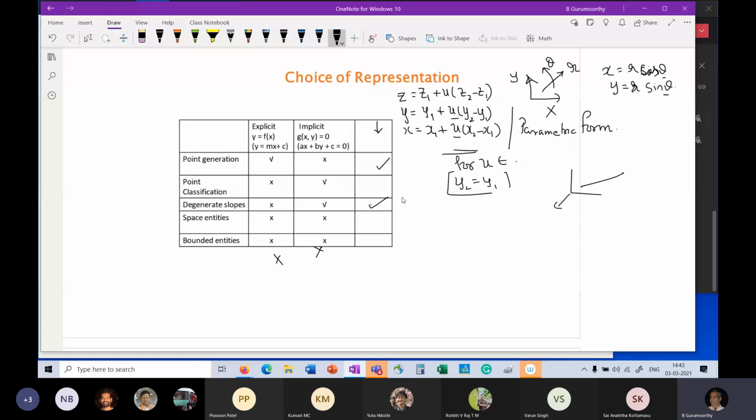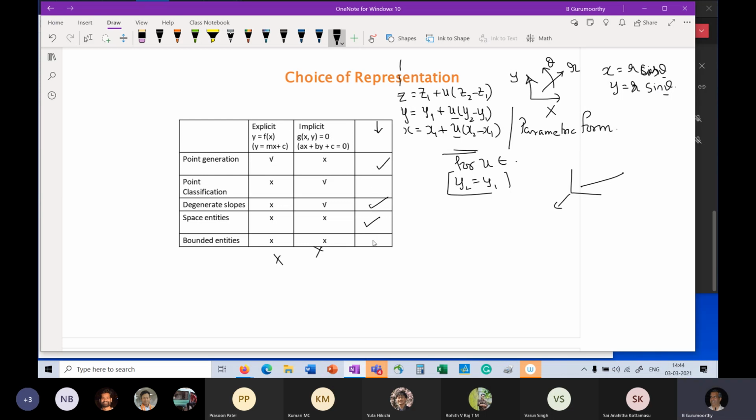This can. So space entities again is not a problem at all. In fact, it is not only 3D space, it can do any n-dimensional space as well. So that's a tick too.